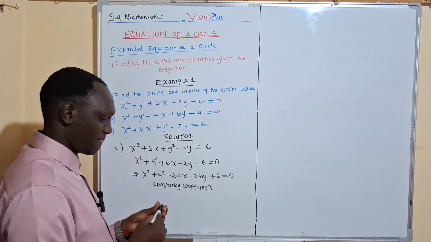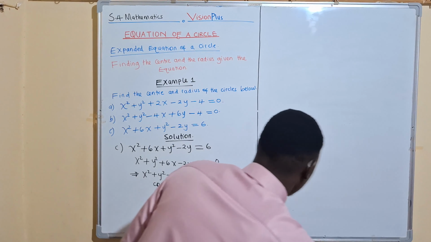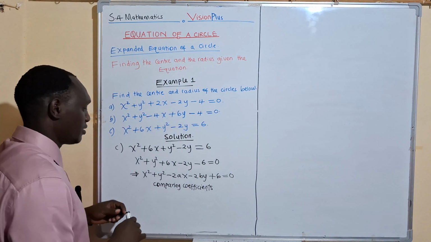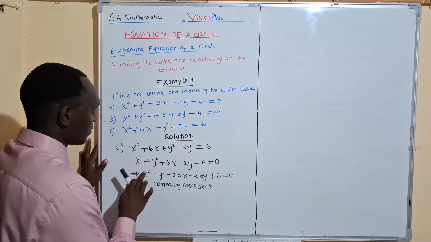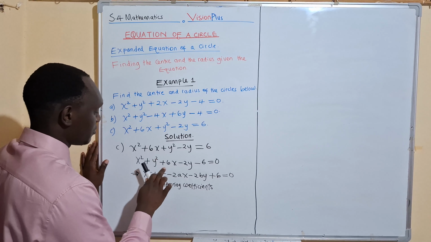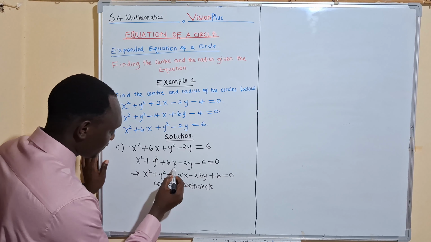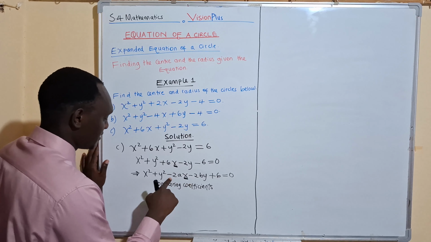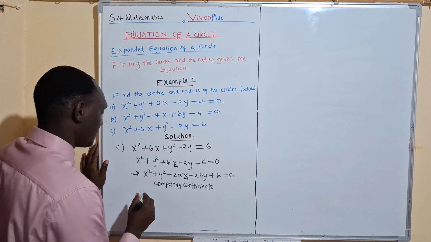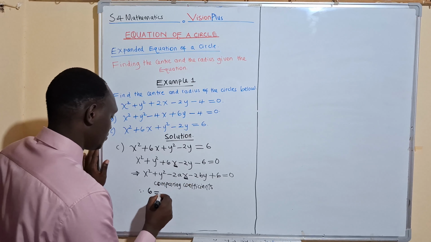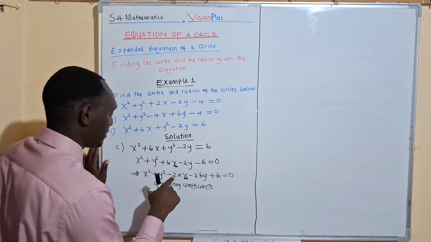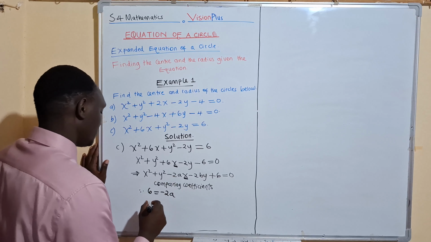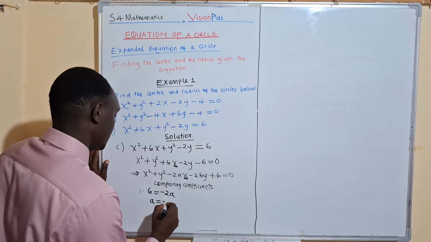So when we compare these coefficients here, we shall see that x squared corresponds, y squared corresponds. It means the coefficient of x, which is 6 here, corresponds to the coefficient of x, which is negative 2a. Therefore, 6 equals negative 2a. Then you solve it, you find that a equals negative 3.